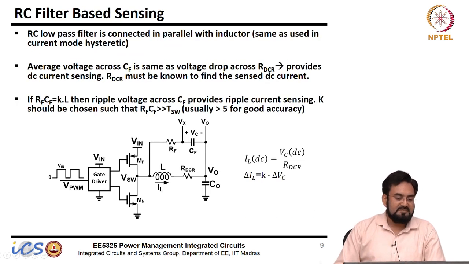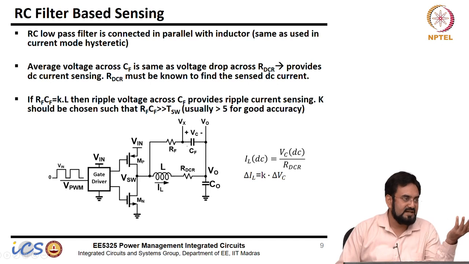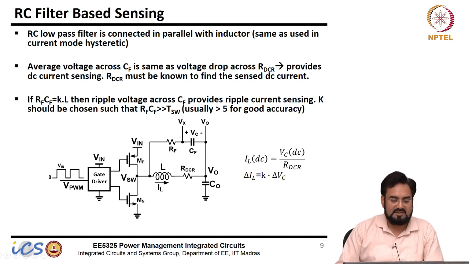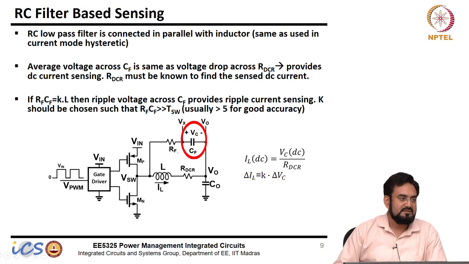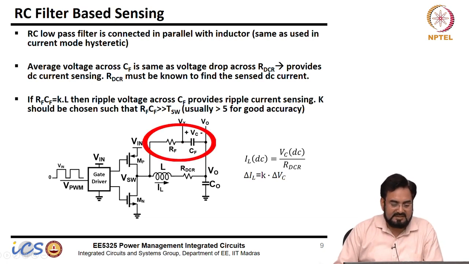So, this is RC filter based sensing. Another same thing which we used in current mode hysteretic, if you remember. But here if you see, you have both the information actually, ripple as well as the DC. So, if you look at this, it is nothing but a low pass filter, correct. So, what is the voltage across this capacitor?